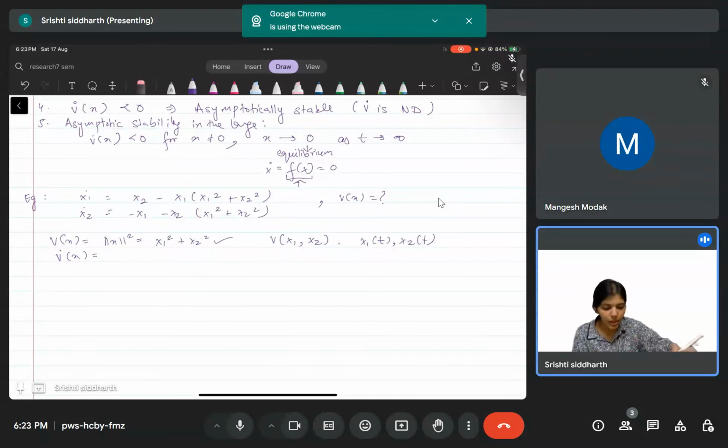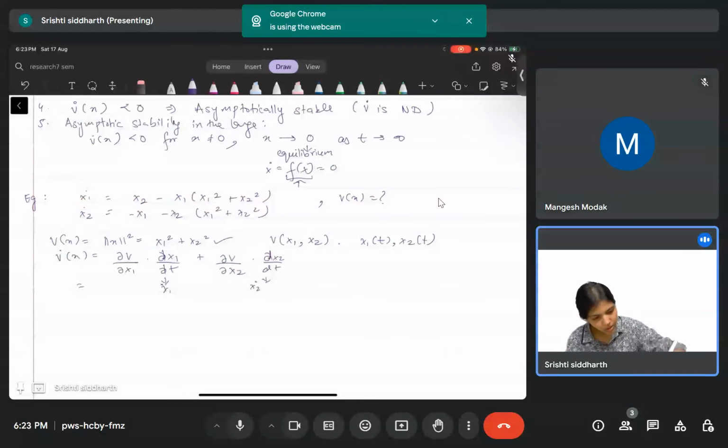So now we just have to apply the chain rule. First one is del V by del x1 times dx1 by dt. Similarly, del V by del x2 times dx2 by dt. This is x1 dot and this is x2 dot, which you can substitute from the dynamics.